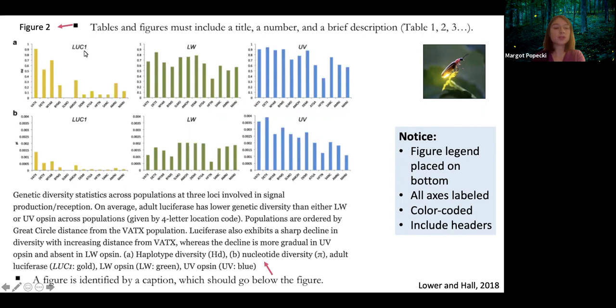You can see that they're also looking at 3 different types of genes, which they've recorded as headers. You can also see that they color coded to emphasize that LW is a different gene than UV. They also have reported the axes. So they've been very clear about labeling what the axes represent and then decoding that in their figure caption.